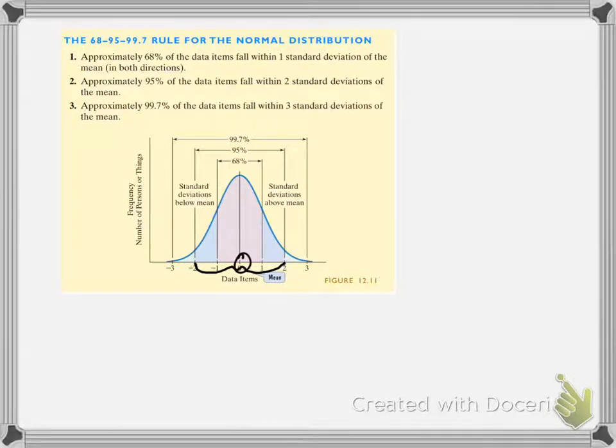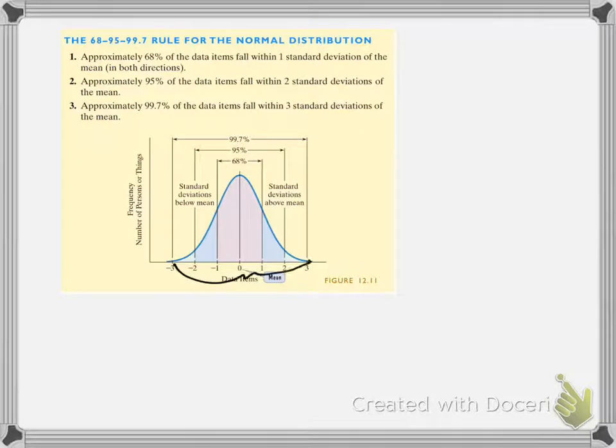So basically, this is something that we talked about before, if you're looking at blood pressure, for example, if there was an average blood pressure of 120 over 80, 95% of the people are going to fit within 2 standard deviations of that central figure, or mean average value. And approximately 99.7% of the data falls within 3 standard deviations right here.